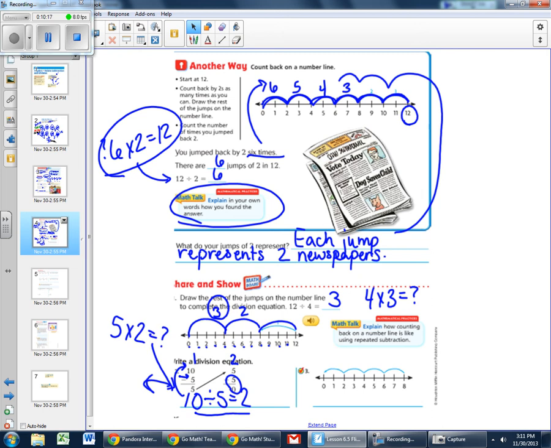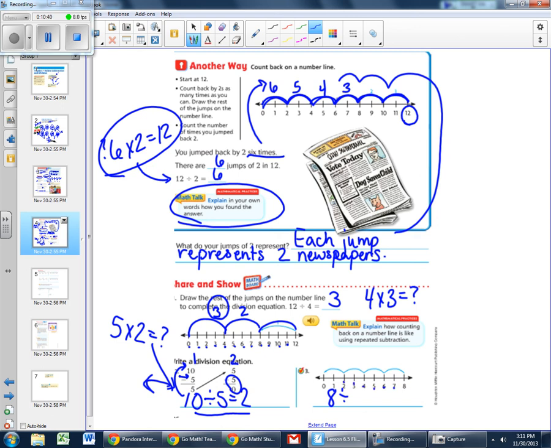Okay. Looks like on number 3, they want us to count back using the number line. So we're going to start with our end number, which is 8. And you're going to divide it by how many numbers you jumped when you were doing your division. Okay? So it looks like 1, 2, 1, 2, 1, 2.